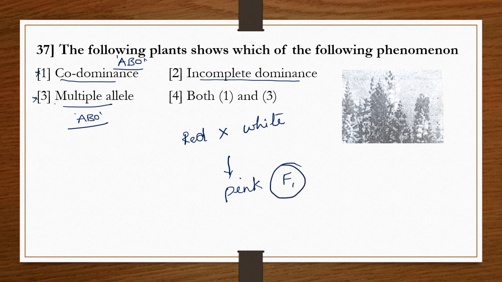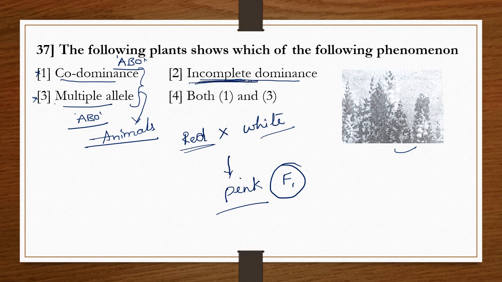That's why I said the photograph is in black and white; we cannot see these colors here, so to identify the answer we need to apply our common sense. Codominance and multiple alleles are both related to the examples we studied, which belong to animals. The one and only option which belongs to plants is incomplete dominance. And in the textbook also, the examples for incomplete dominance are only plants.